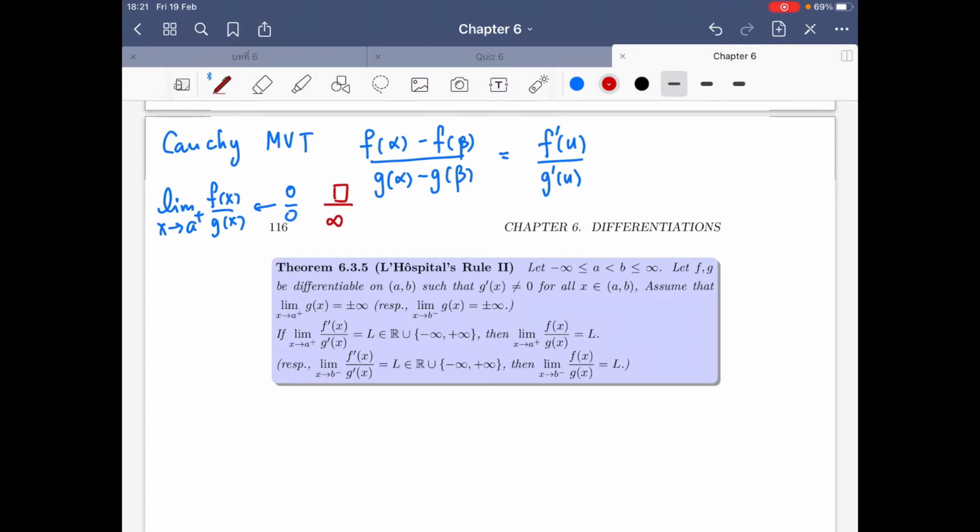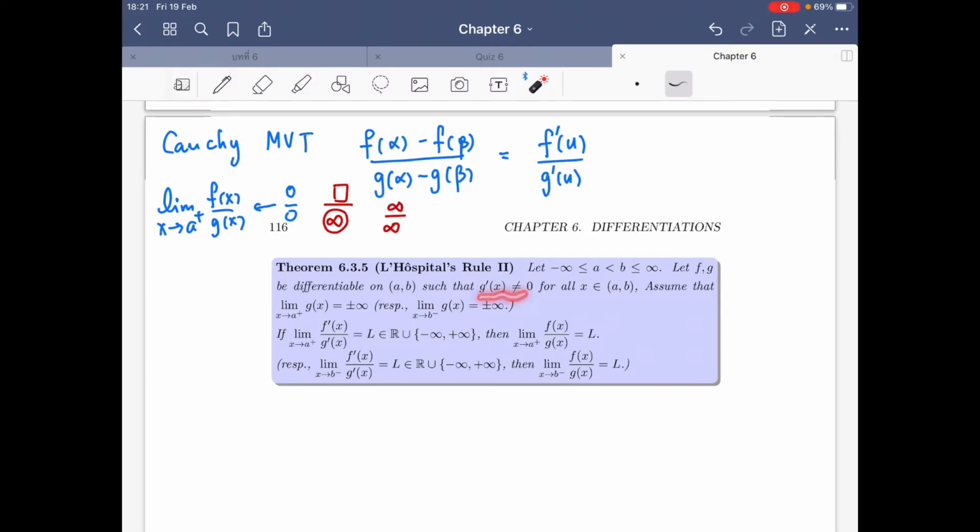Actually in Math 1, you consider the situation of infinity over infinity. However, what we are going to prove is a little bit more general, so we just look at the bottom going to infinity. Let a and b be such that you allow a to be negative infinity and b to be infinity, and f and g are differentiable on the open interval (a, b).